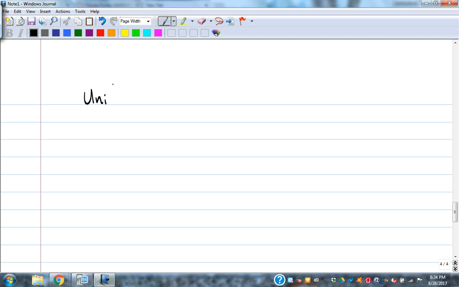All right. The complement to an intersection is the union. So the union is the complete list of the elements in both sets.